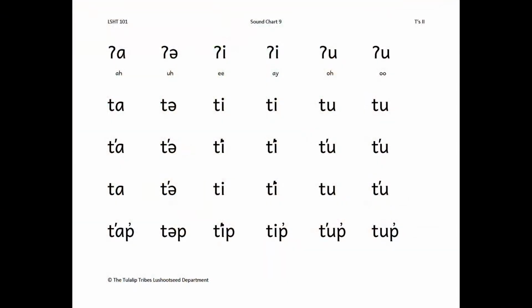Let's go back to our vowels. A, E, A, O, U. First line. Ta, ti, te, to, tu.